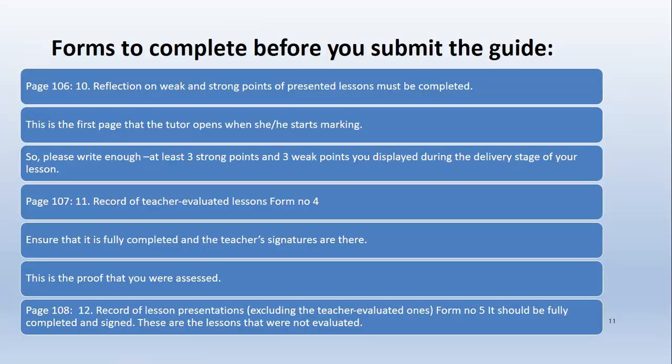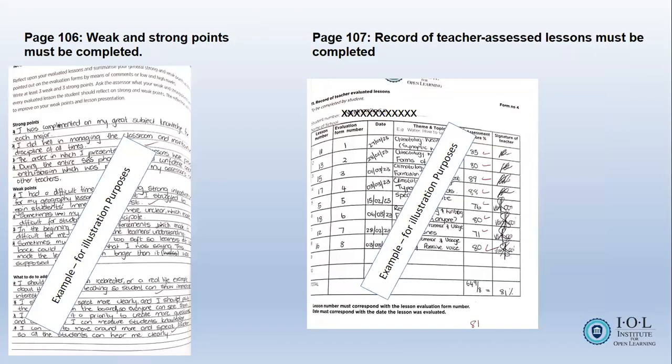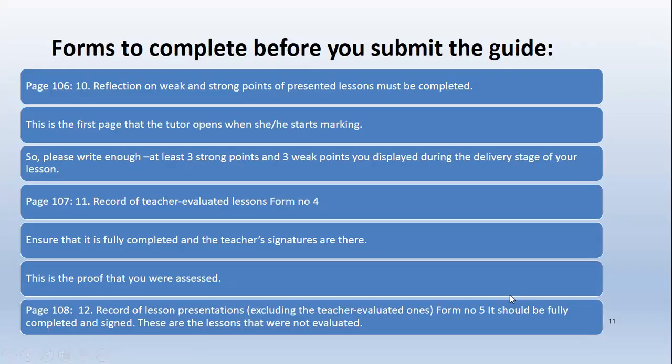And then we go to page 107. It's here on the right-hand side. That one is where the record of teacher-assessed lessons must be completed. Here you see how diligently the student has completed this part. And this was a mark of 81 at school that was actually awarded to the student.